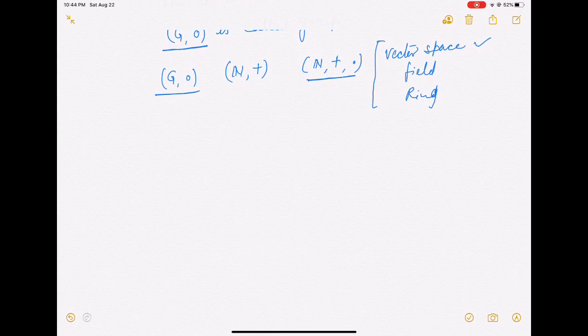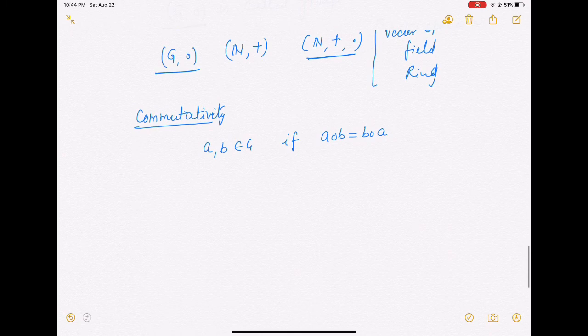One more important property is the commutativity, or commutative property. What this property says: for any two elements A and B belonging to G, if A operation B equal to B operation A holds, then we say G is a commutative group.